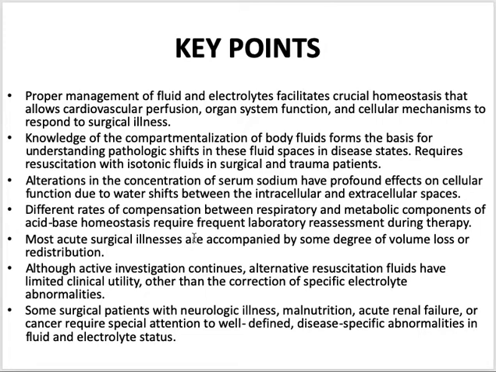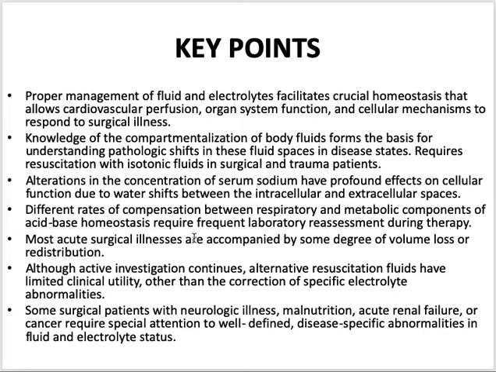The next point is about acid-base homeostasis, which I was talking about. There are two components, the kidney and the lungs, so the respiratory and the metabolic components of acid-base homeostasis. And then the next point is about surgical patients: most acute surgical illnesses lead to some volume loss, or there is some disturbance in redistribution.